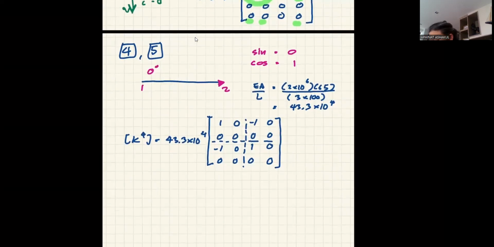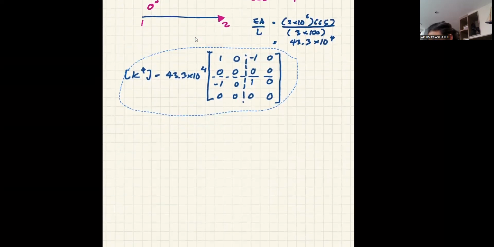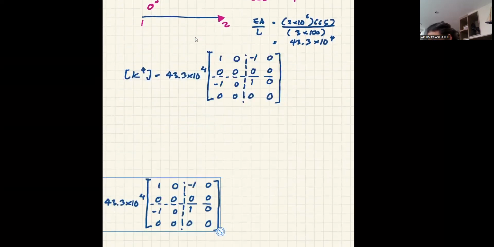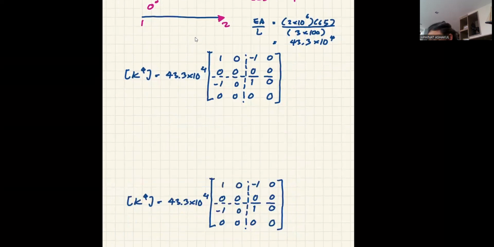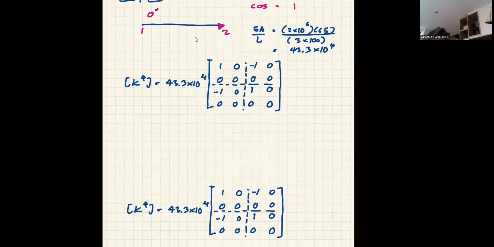So let me copy this. Okay, now I'm just gonna put the code on. For 4, that's gonna be 3040.